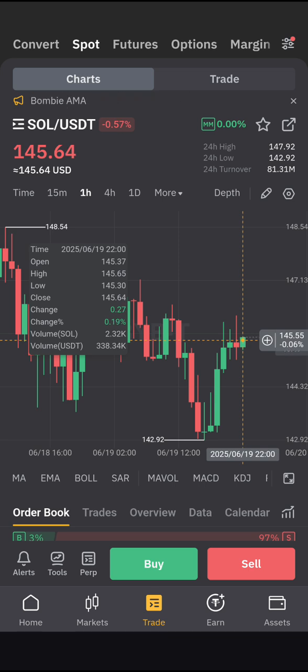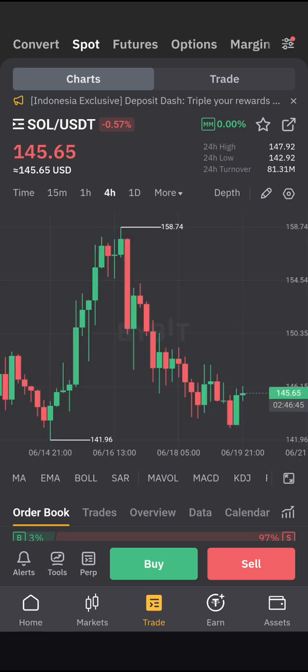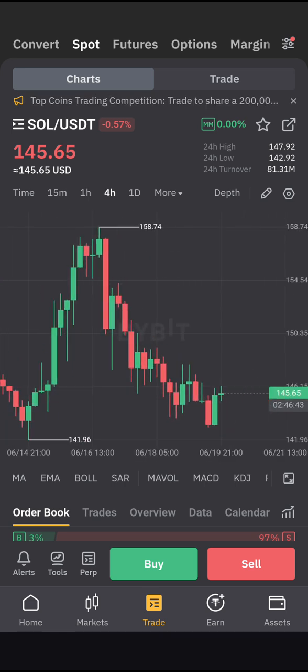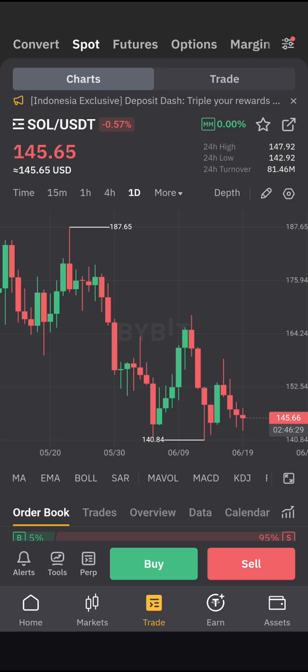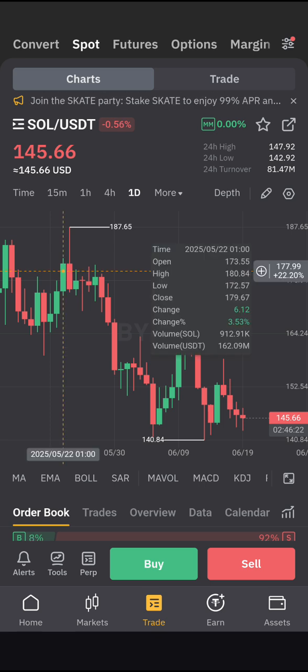Okay, so looking at it on 4 hours, you can see how it has been going. So in a nutshell, if you purchase right now, from this very time to 4-5 hours, you will definitely be in profit. That is what it means. All right, looking at it on 1 day, it has actually been declining for the past 1 day, which is the past 24 hours.